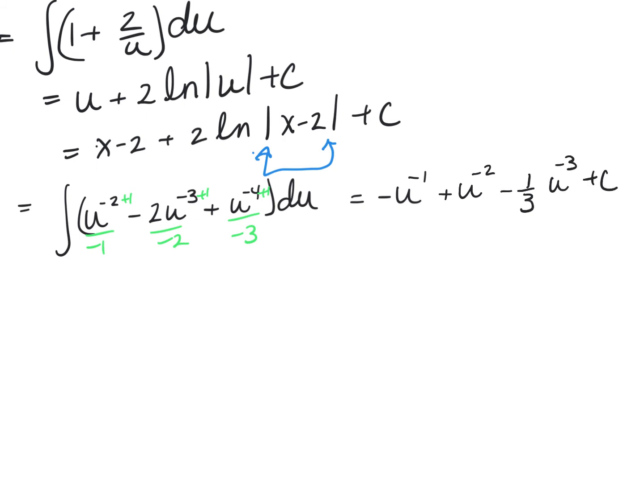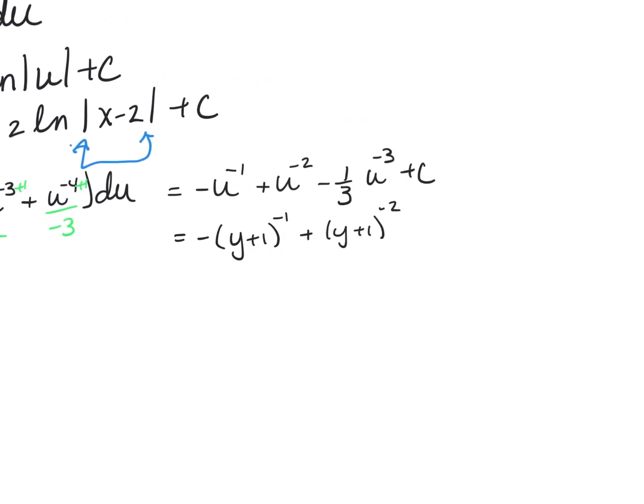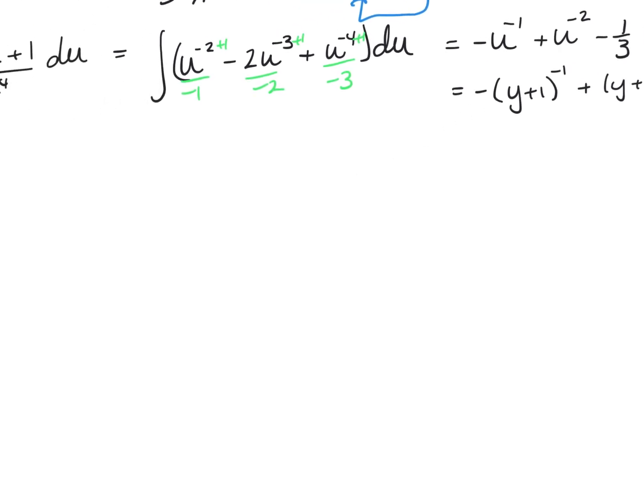And don't forget to back substitute, so this becomes negative y plus 1 raised to the negative 1 plus y plus 1 raised to the negative 2 minus 1/3 y plus 1 raised to the negative 3 plus c. So I think you're probably getting the gist of it.